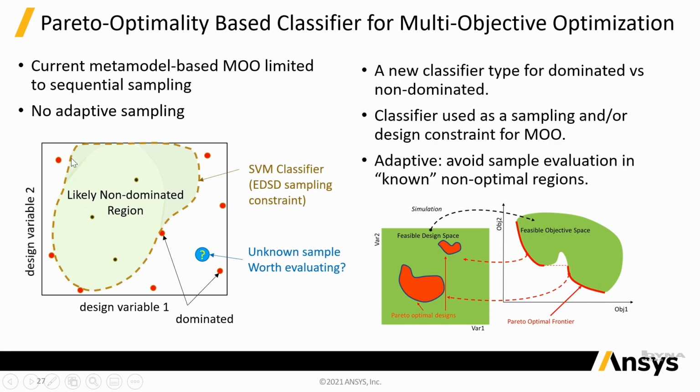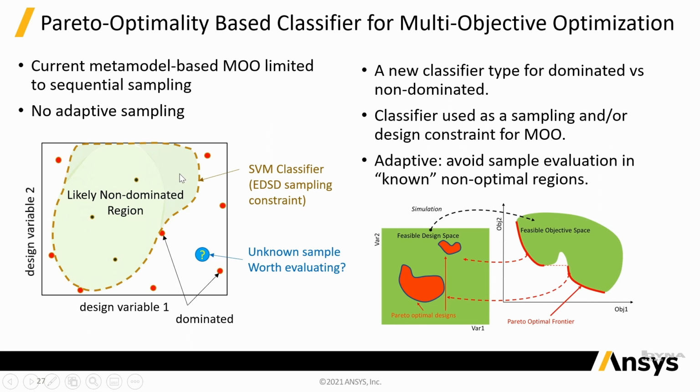So the basic idea here is you start with a few samples. For those samples, you know which ones are dominated, which ones are non-dominated. And then we have introduced a new type of classifier that constructs a decision boundary based on the domination status. So this dashed boundary here separates the dominated points and the non-dominated points.